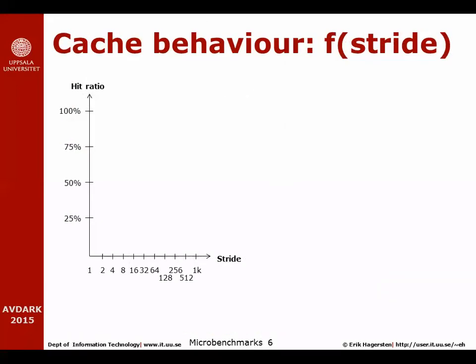So first of all, let's look at the cache behavior as a function of stride. On this axis here, we have the different strides you can have, and on this axis here, we have the hit ratio that we expect. So as we already have seen, if we have a vector that's smaller than or equal to the cache size, we expect it to be a 100% hit ratio regardless of the stride.